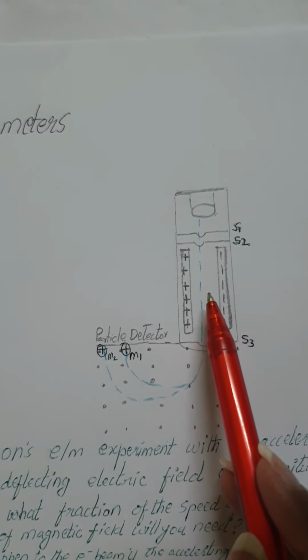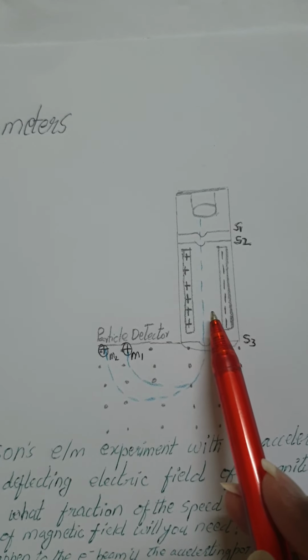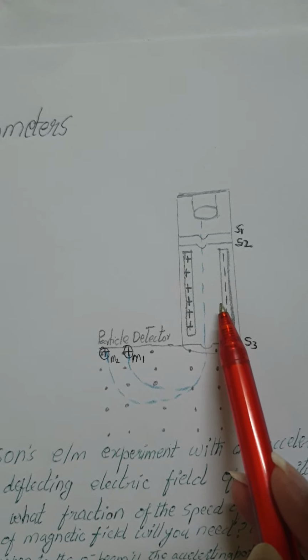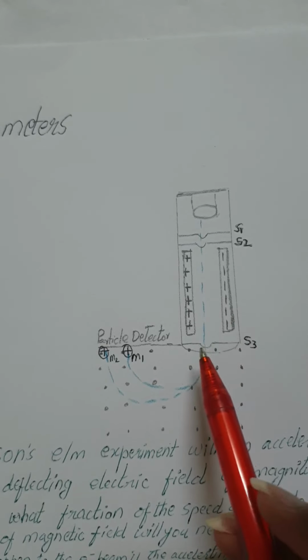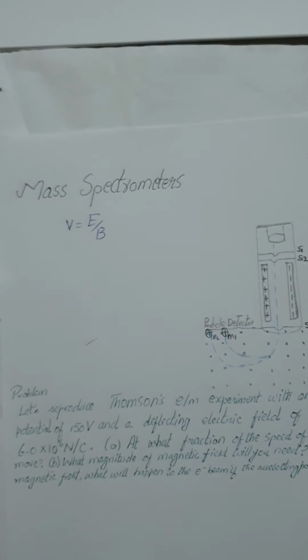When they are passing through the crossed field, all ions will be blocked except those moving with speeds equal to E over B.